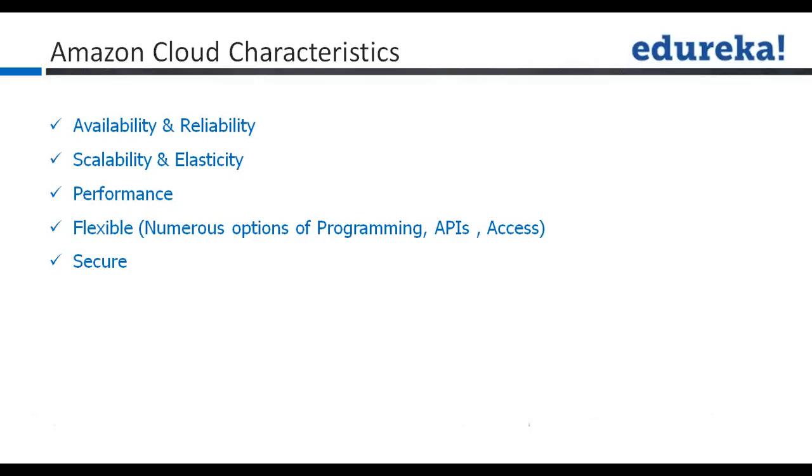So the Amazon characteristics: availability and reliability. It's a highly available system due to the availability zones and regions concept. It's more reliable because it provides high durability, high security, all the standards. It provides unlimited power, unlimited infrastructure, so it's very scalable, with elasticity. The performance is excellent. I have downloaded a lot of things.